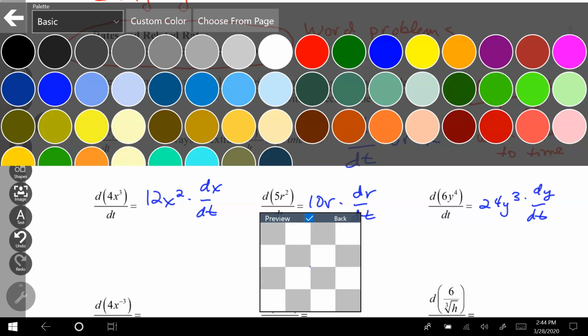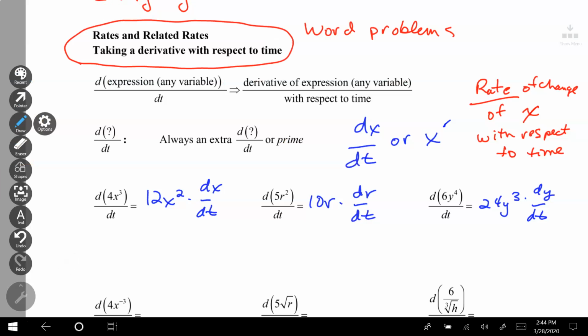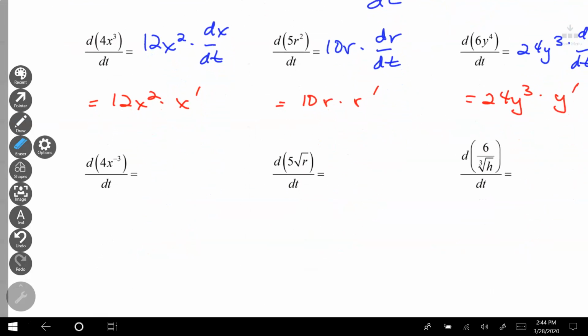If you want to use the primes instead, I'm not going to use the primes too much today, I would get 12x squared times x prime, 10r times r prime, or 24y cubed times y prime. Move this up, do these other examples.